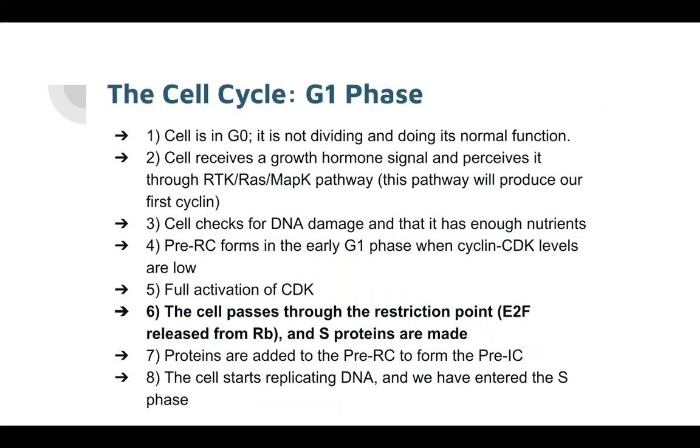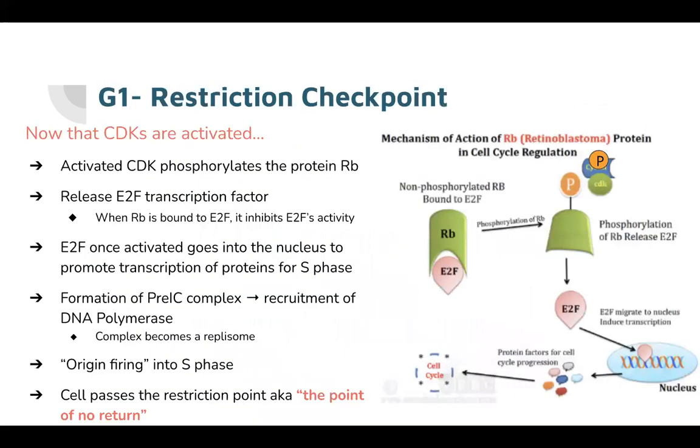All right, now we're going to go a little bit more in detail about the restriction point, E2F, RB, all that fun stuff. So this happens right after the CDK becomes active. Now that the CDK is active, it can phosphorylate a protein called RB.